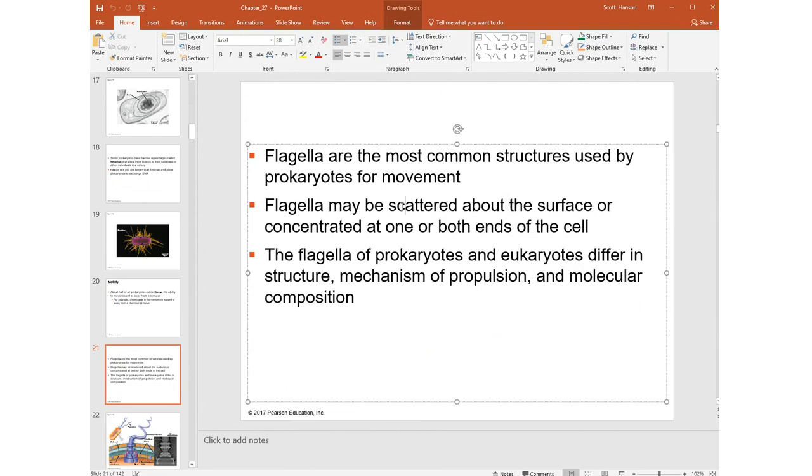They might be scattered here and there on the surface of the prokaryote, or they could be concentrated at one end or both ends of the cell. And the flagella of prokaryotes and eukaryotes are different in structure, different in the mechanism of propulsion, and different in molecular composition also.